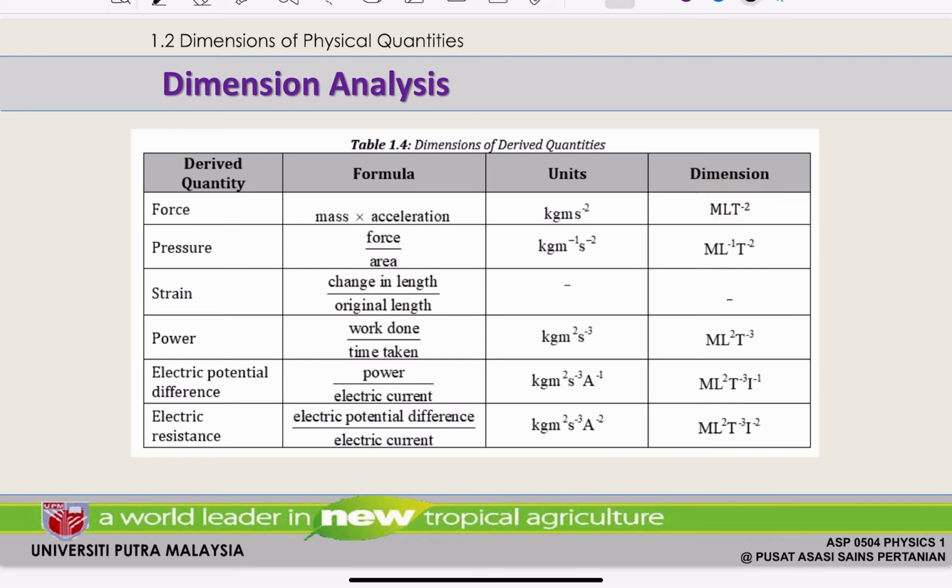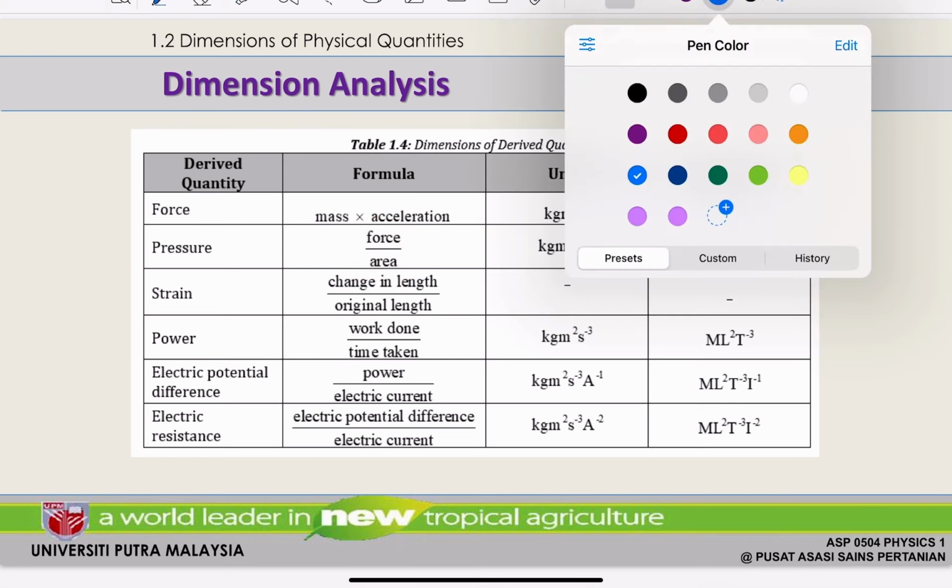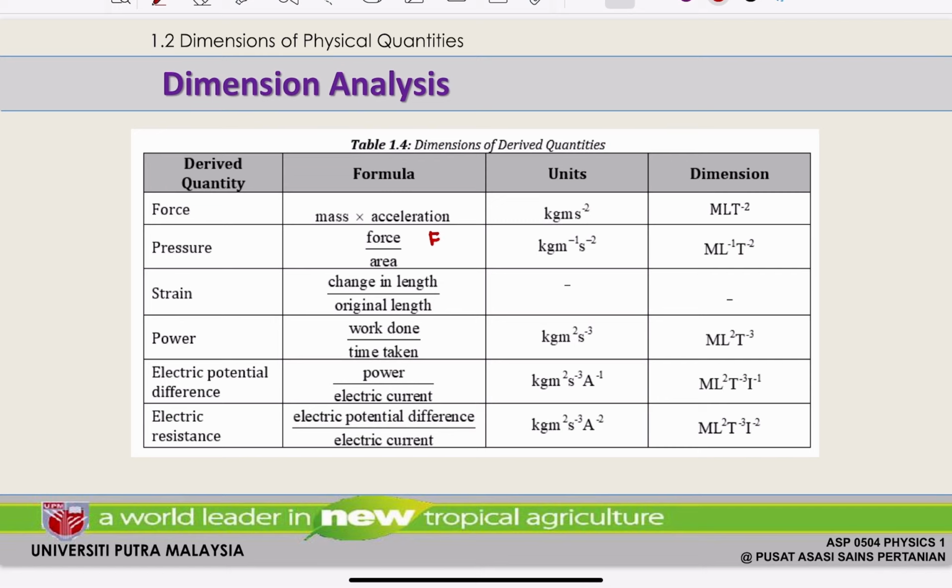For example, this one is F over A. So F tadi kita dah dapat, bahagi dengan A, which is length squared. So prove that you can get this from the equation, right? Some of the equations don't have unit because, if you can see, this is macam strain ni kan.